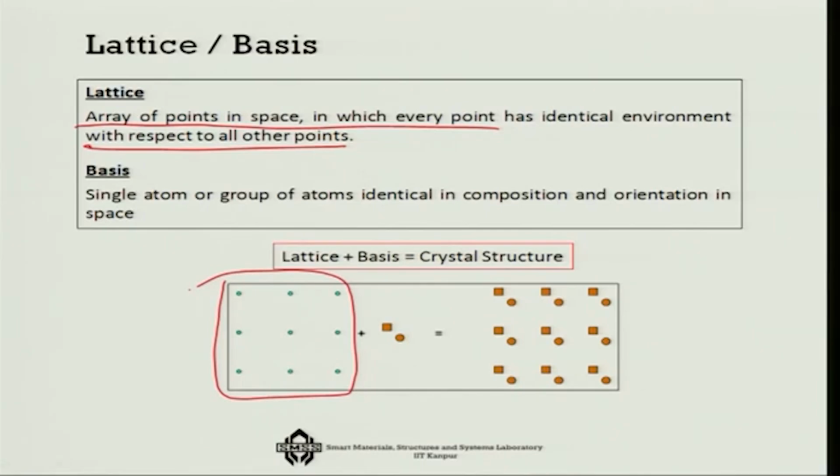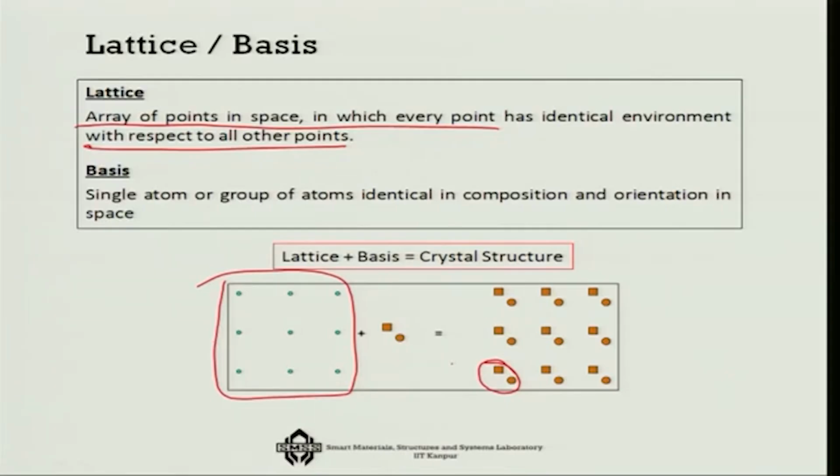And the basis is a single atom, or a group of atoms, identical in composition and orientation in space. So, a crystal structure has 2 parts. One is the lattice. The same lattice can have different types of bases, and thus can have different types of crystal structure. So, the crystal structure consists of the basis and the lattice.